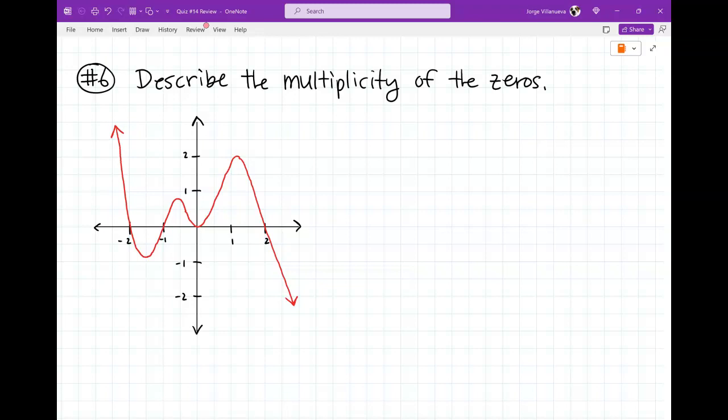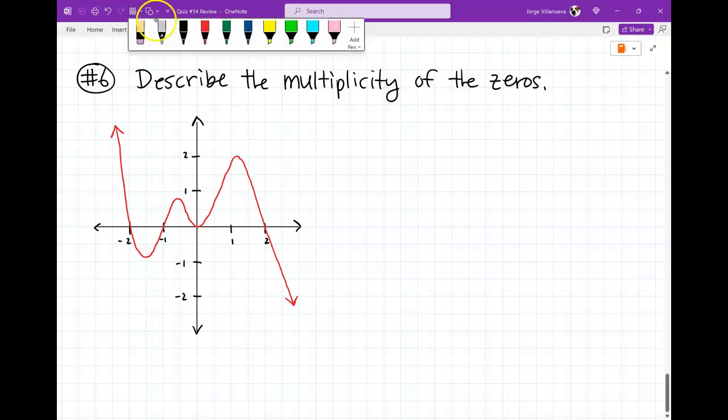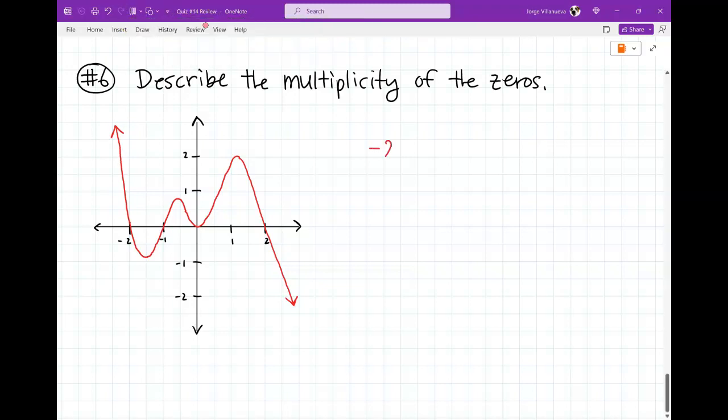But just make sure it crosses through those x-intercepts, because remember, zeros, we find them at the x-intercepts. So what are my solutions here? Let me write this down: -2, -1, 0, and 2.